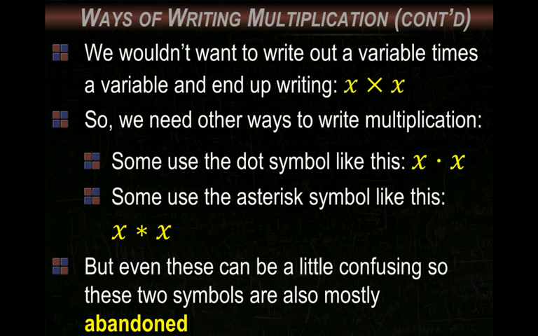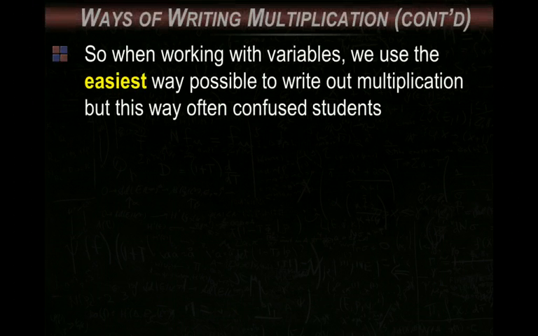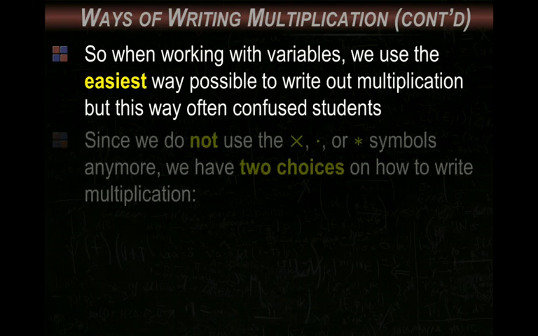Well, you get 2 choices. And that's because, again, kids, you're going to find that your math teachers are going to do this. You're not allowed to use those symbols once you start working with algebra or unknowns or puzzles. That's where multiplication gets trickier. So instead of using those symbols, I'm going to give you 2 ways you can write multiplication.